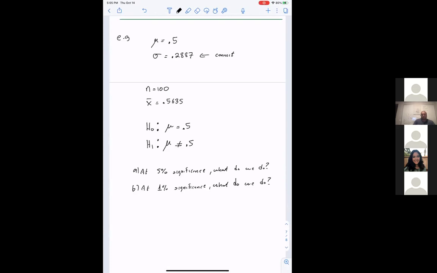What should we put in there as a sigma? 0.2887. How about our X bar? 0.5635. How about our N? 100. Is it not equal to, less than, or greater than?